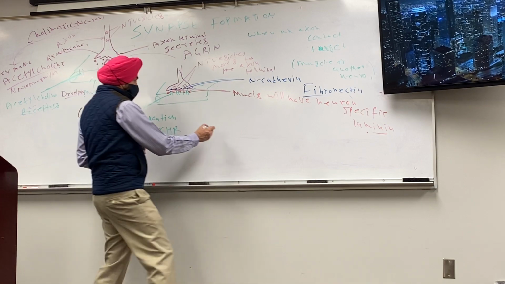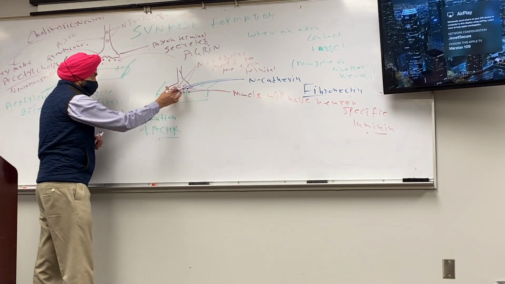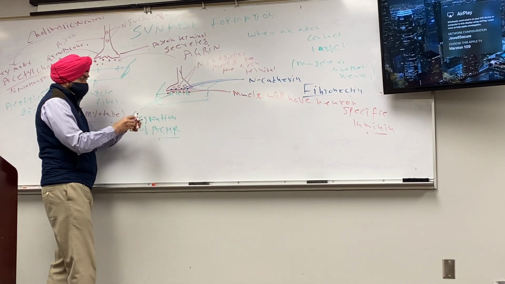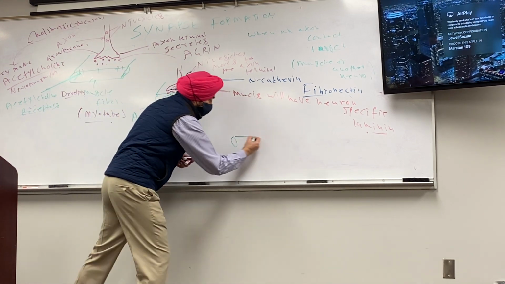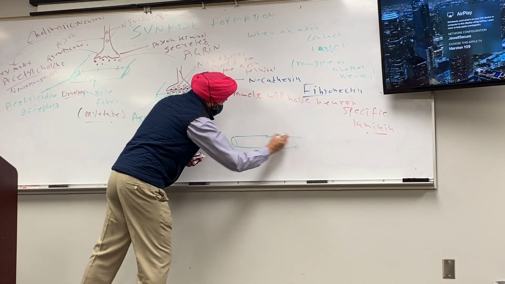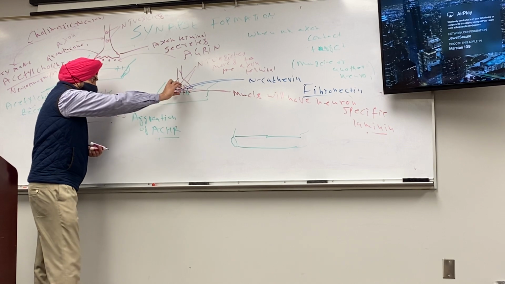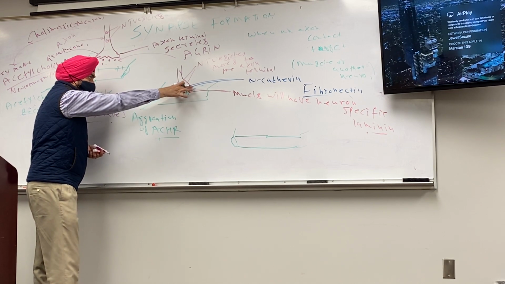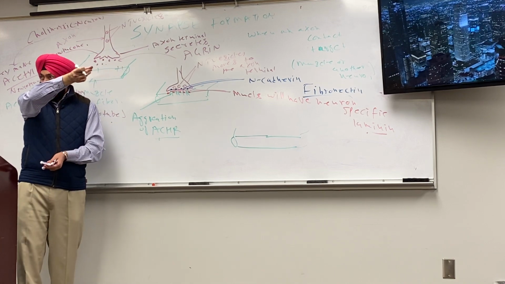So what is going to happen? That is going to cause this. So now what is going to happen? You have your muscle there, and that is going to cause the attachment of this axon terminal with the muscle, right?